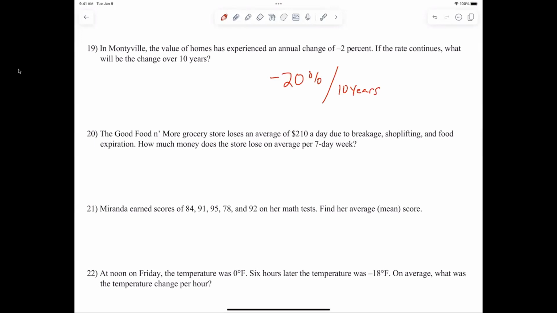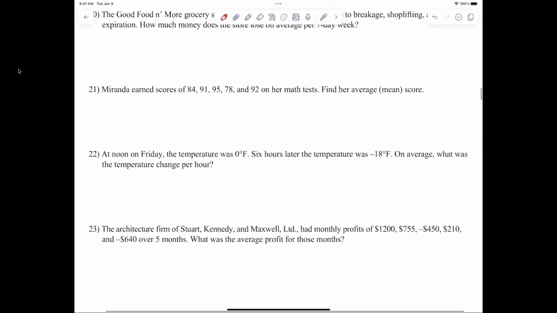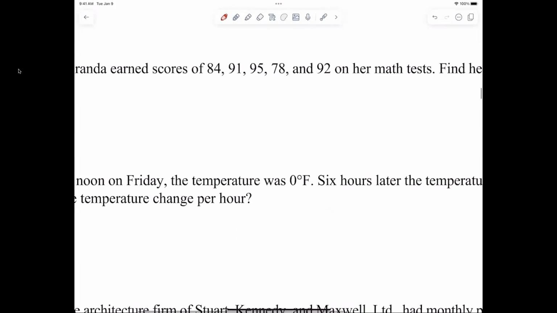All right, let's knock out 21. Cool. 170. Yeah, 170. And then I did 170 plus 95, getting 265.